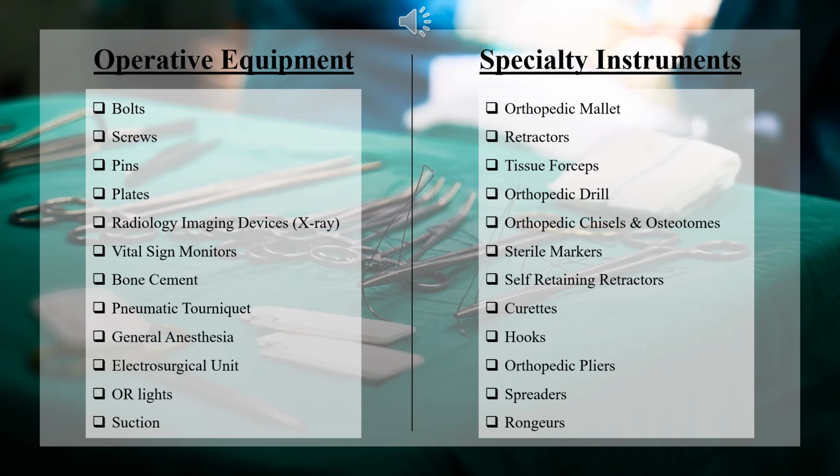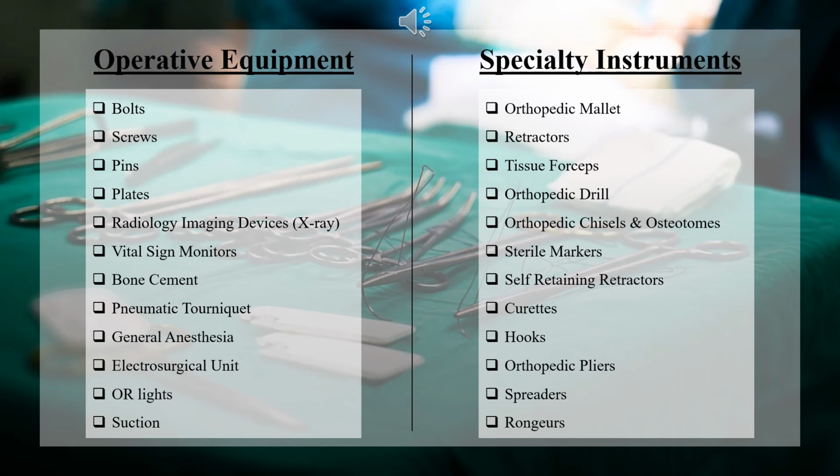So some of the instruments, like we talked about earlier with the possible fractures that can happen during the operation, we use orthopedic mallets, retractors, which hold your skin back for easier visualization of the surgical site, tissue forceps, which help with grabbing the skin and tissue to manipulate for either easier access or anything like that.